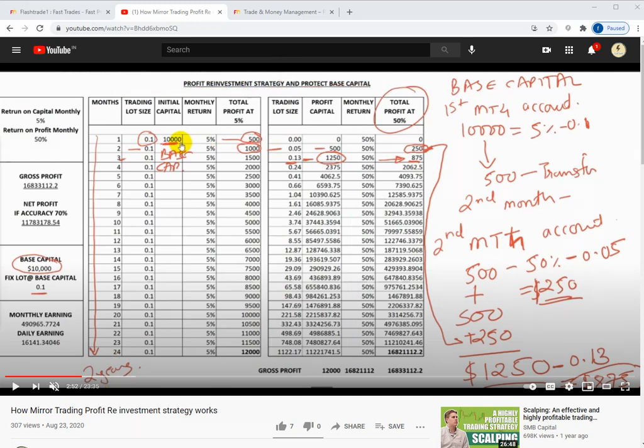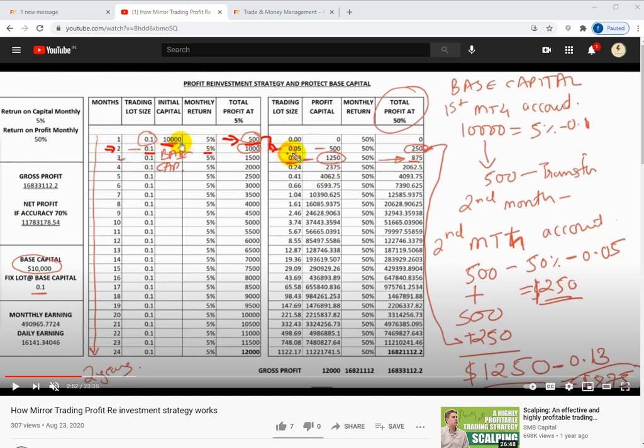In this calculation I have shown that $10,000 was deposited on the client account with a trading lot size of 0.1 with 5% return, and at the end of the month $500 is the return on the account. Now this $500 at the start of the second month is deposited in the second MT4 account, and the first MT4 account keeps trading with 0.1 lot size and 5% return.